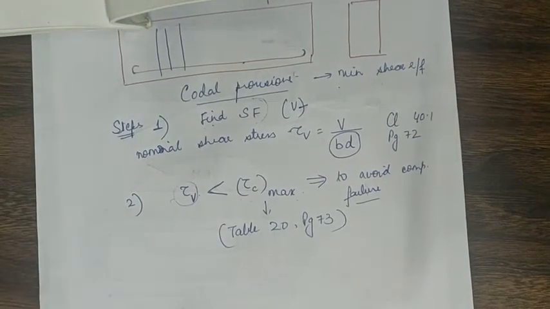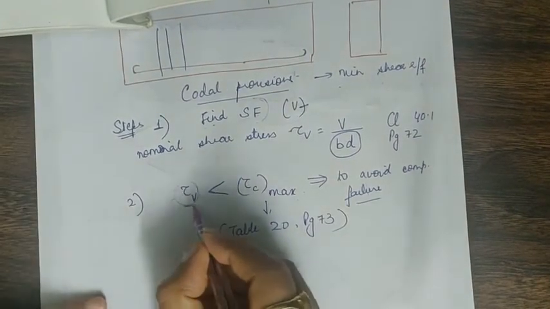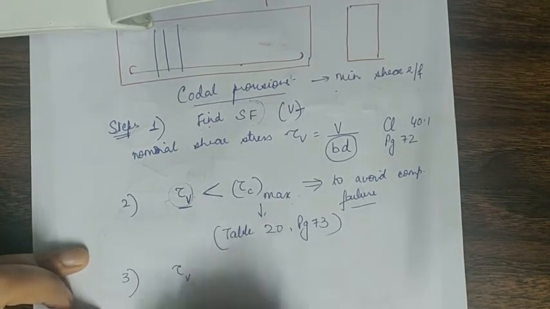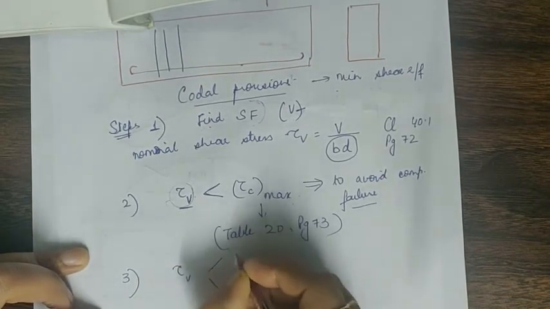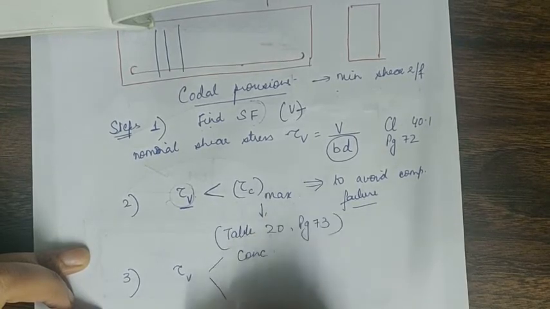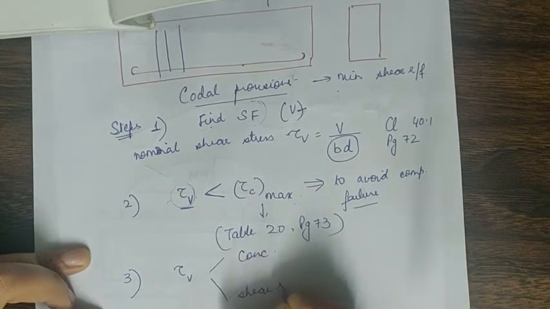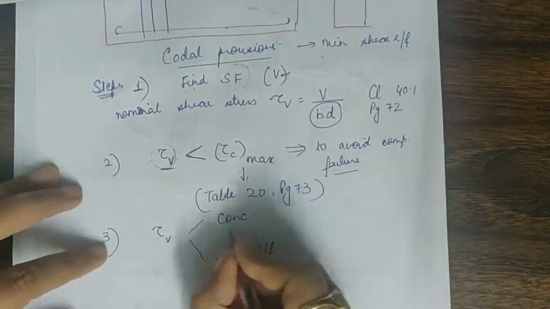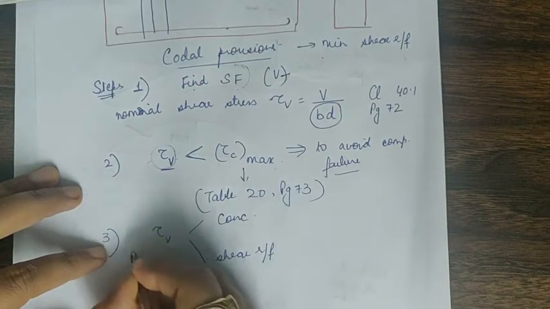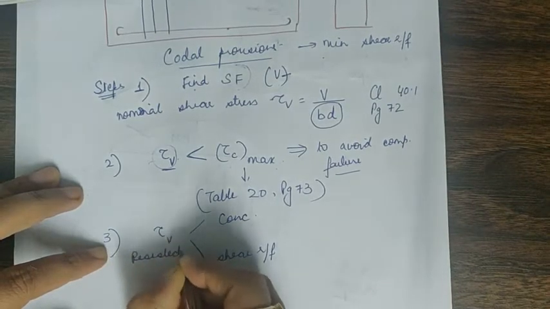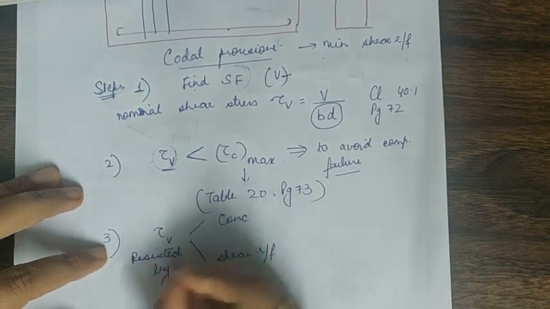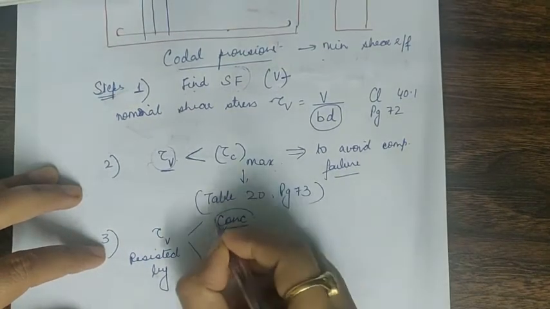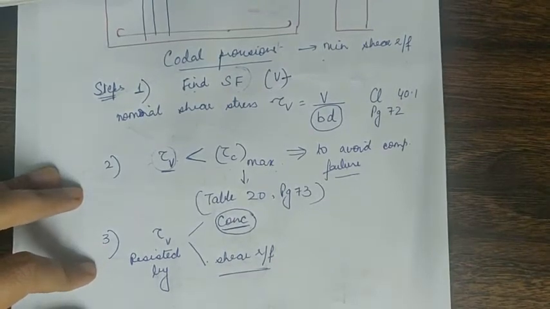Then, the system is to resist this value of tau V. Now this tau V will be resisted by concrete and shear reinforcement, because concrete will also have some shear strength carrying capacity. So this tau V is resisted by concrete and shear reinforcement.